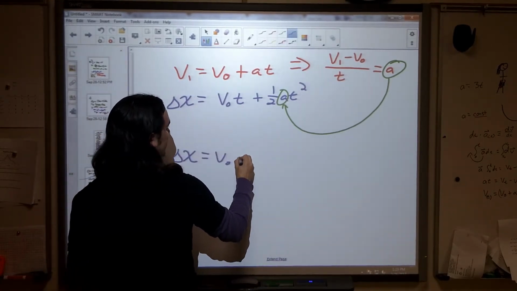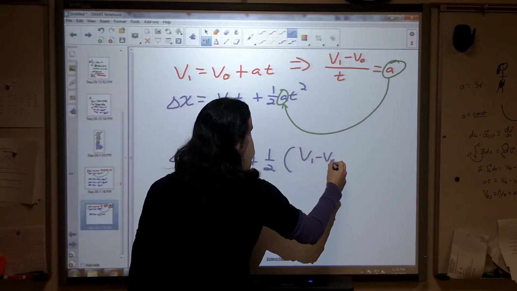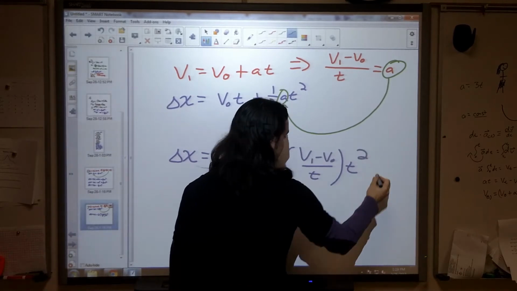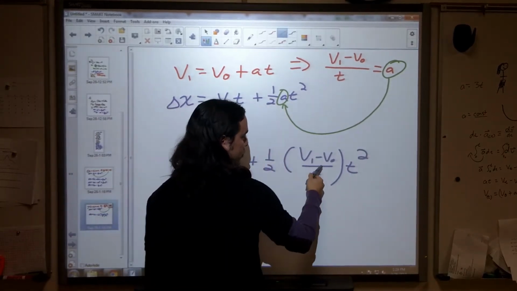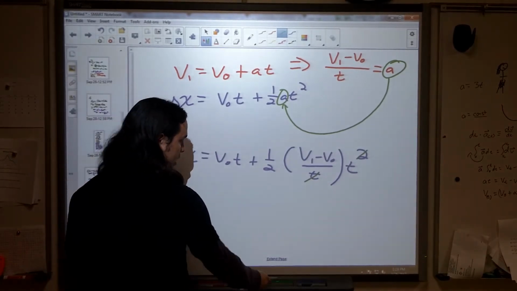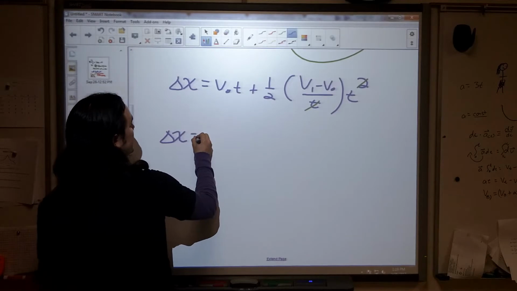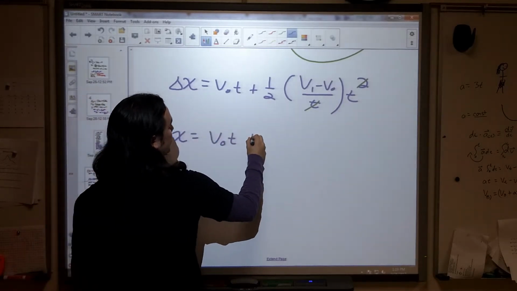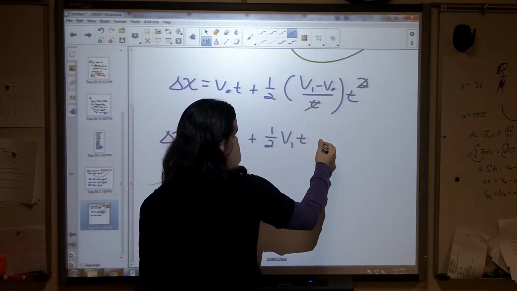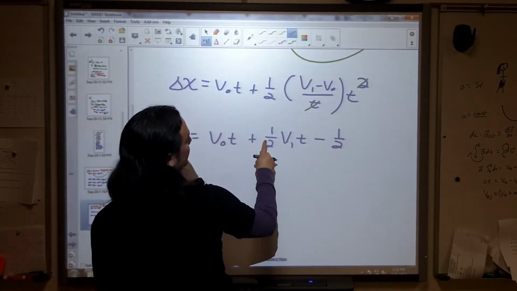Delta x equals v naught times time plus 1/2 v final minus v initial divided by time times t squared. Let's clean this up a little bit. We've got divided by t and times t squared, so one of those cancels out. And we get the following. Delta x equals v initial times time plus 1/2 v final times time, minus 1/2, doing this correctly?